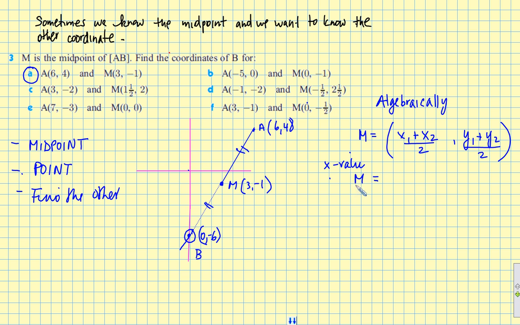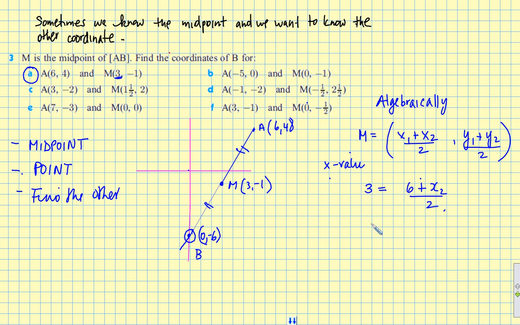So it would really be like saying the midpoint of the x's. I say, well, the midpoint of the x here is equal to 3. And then I'll say that 3 is equal to 6 plus x sub 2 divided by 2. Okay? And I don't even need to put the brackets there.